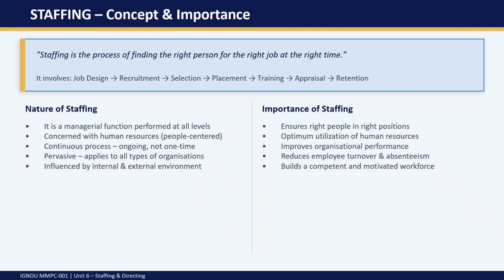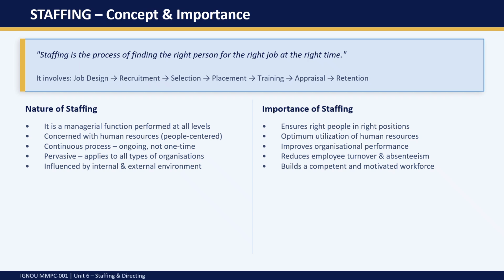First, it is a managerial function performed at all levels of the organization, not just by the HR department, but by every manager who oversees a team. Second, it is people centered, meaning it deals entirely with human resources, which makes it both the most important and the most complex function. Third, staffing is a continuous process. It does not stop once you have filled a vacancy.